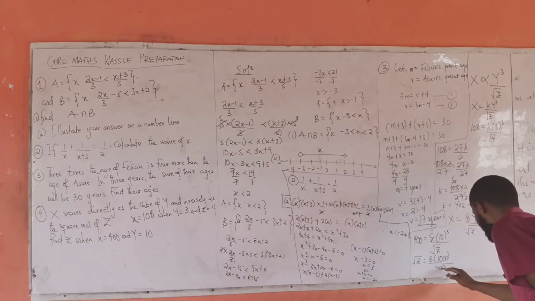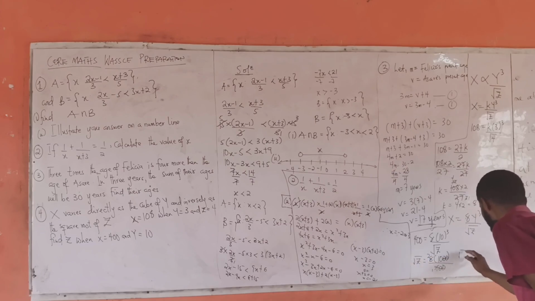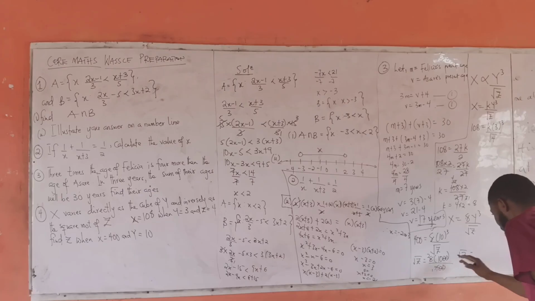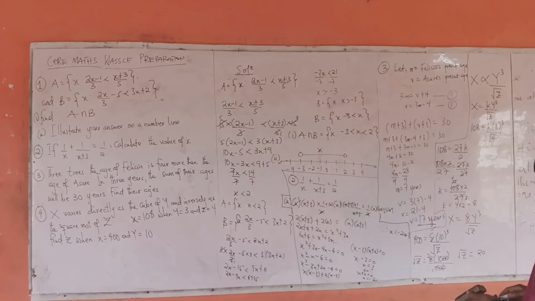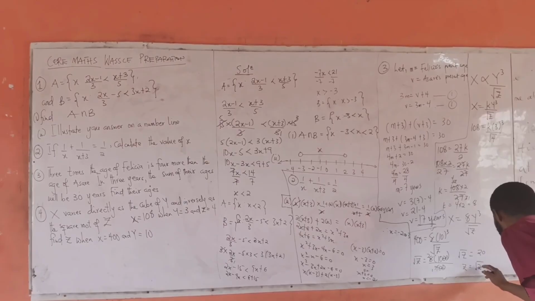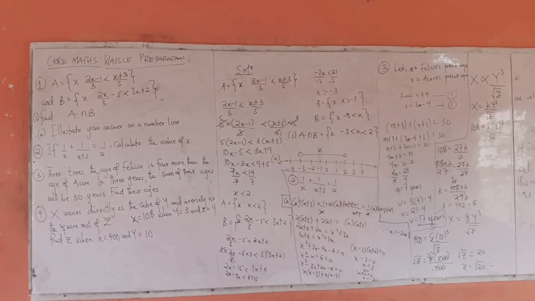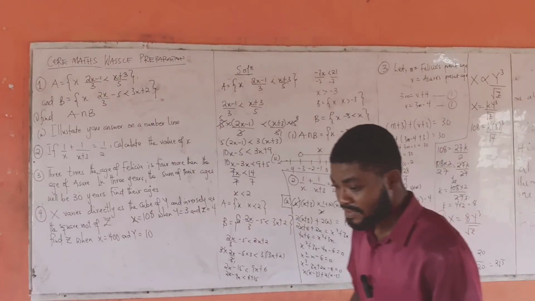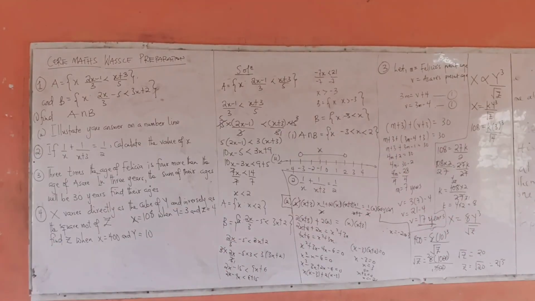So I can take care of these two zeros. 4 here 1, 4 here 2. Root of z is equal to 20. So square root of 20 is 2 root 5, if I'm not mistaken. Now let me confirm with my figures again.